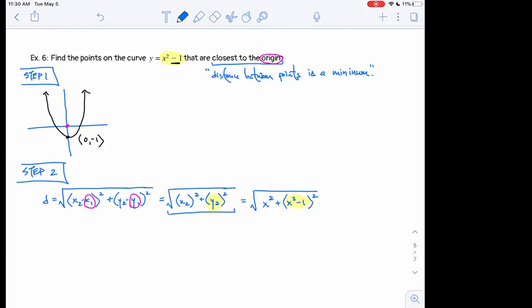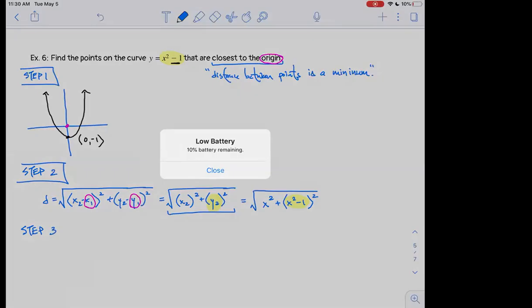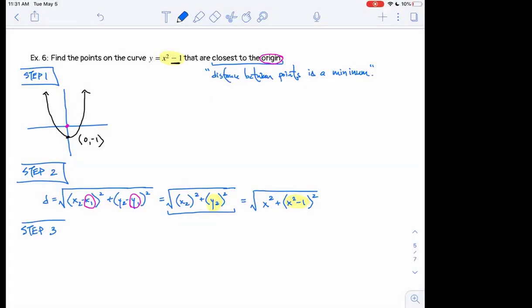All right, so let's see if we can simplify this equation before we take our derivative.